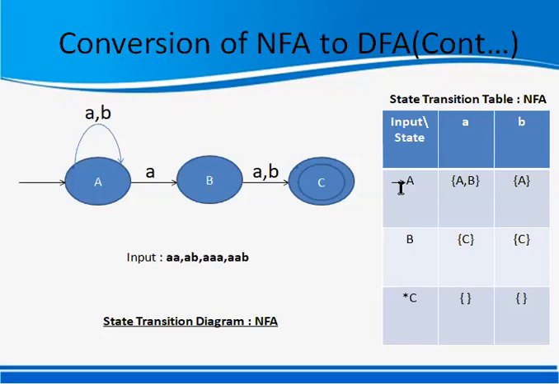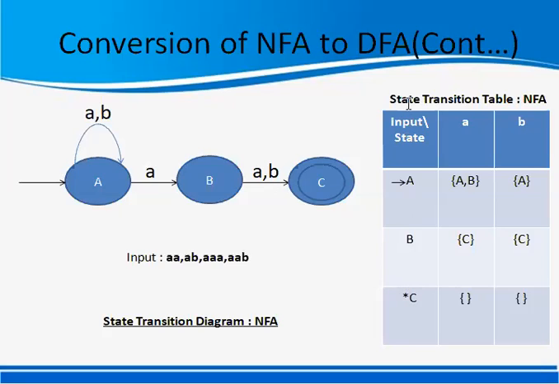Here in this state transition table, you can see this arrow. This arrow represents the initial state and this star will represent the final state. So here A is the initial state and C is the final state.